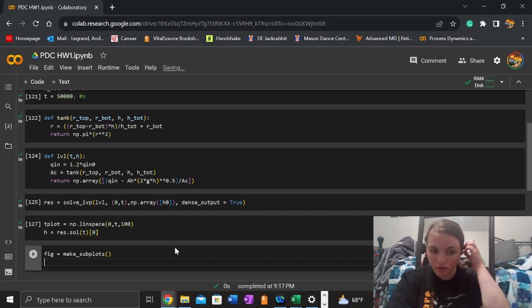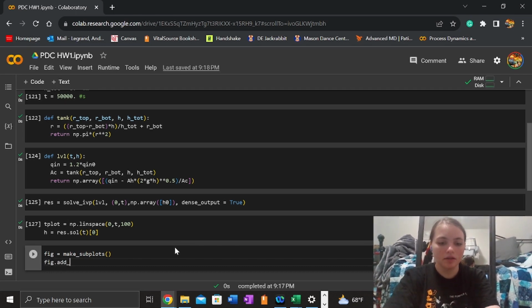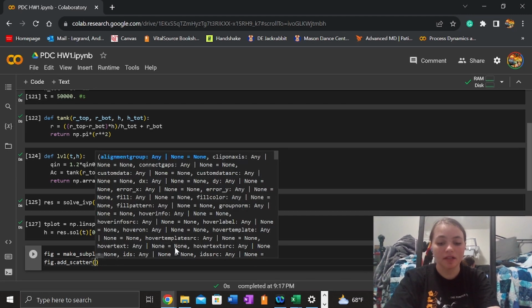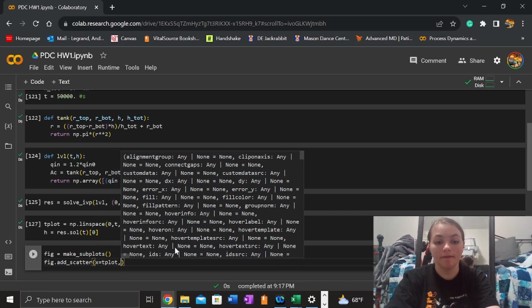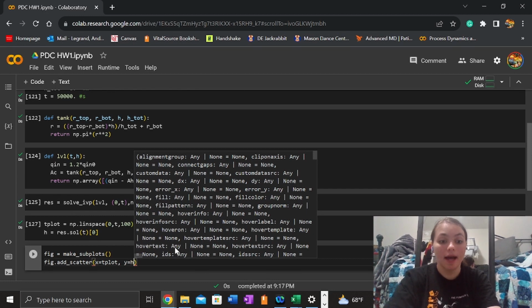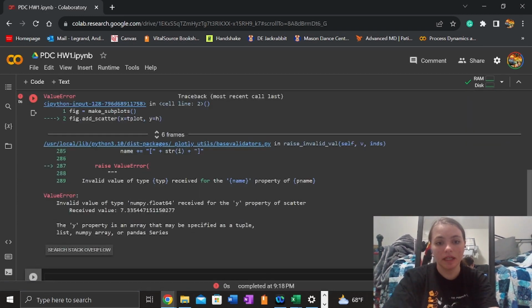And then we're going to do fig dot add underscore scatter. And then we have to do our x and y values. So our x values is going to be our t plot. So that's our time variable. And then our y axis is going to be our height. And then shift enter. No, you don't like it.